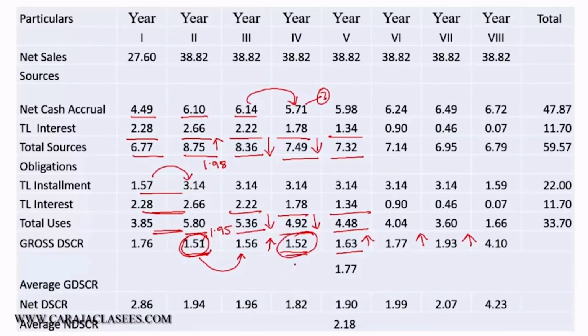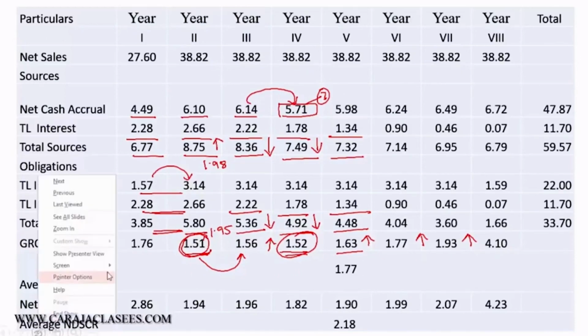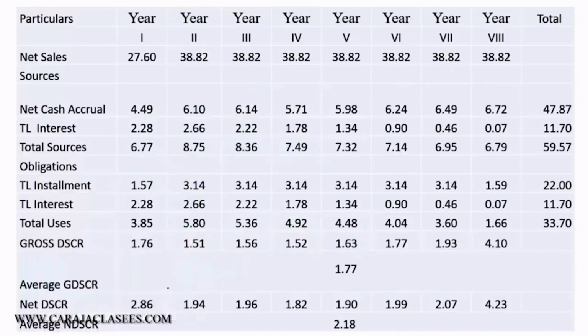So why this net cash accrual is coming down in year 4 has to be analyzed and brought out in the proposal. But if you notice, throughout, gross DSCR is maintained above the generally expected level of 1.5.